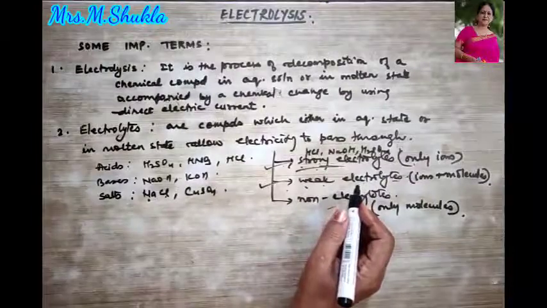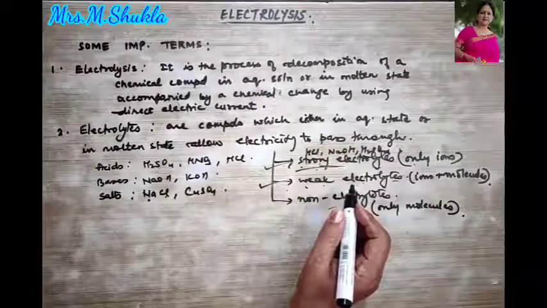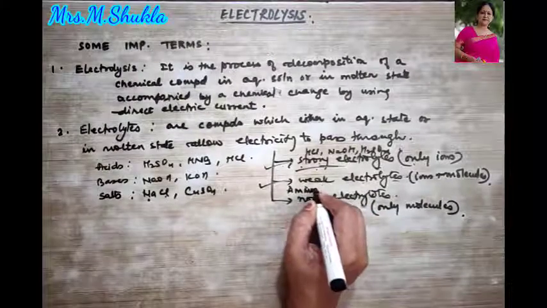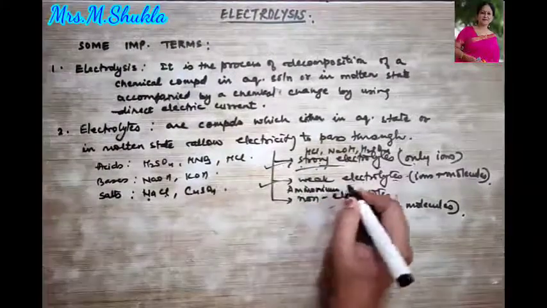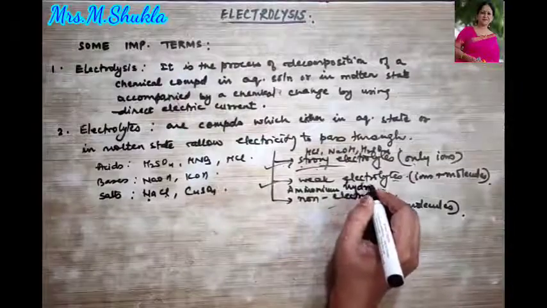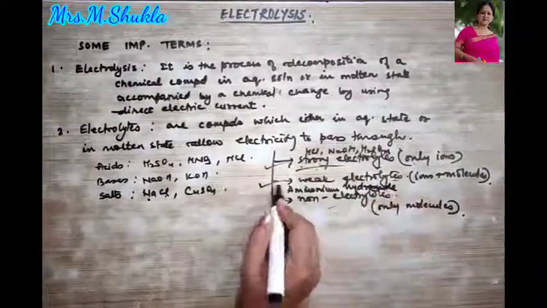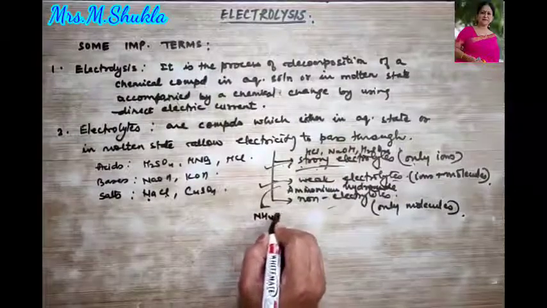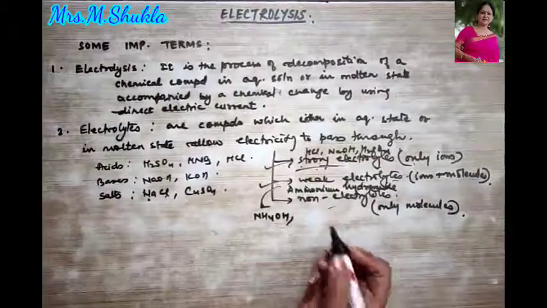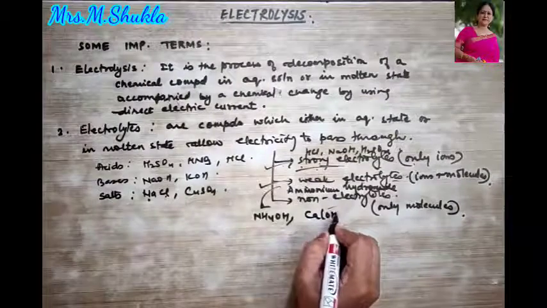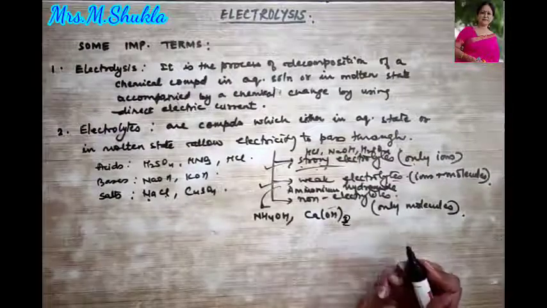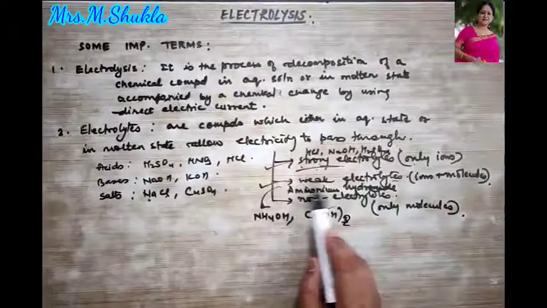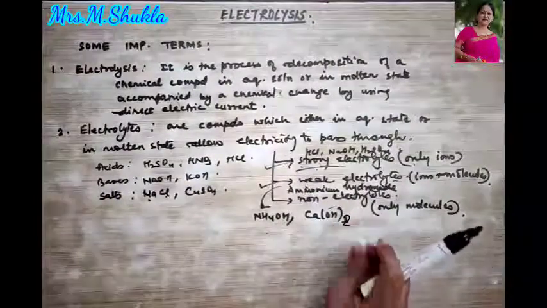Weak electrolytes could be ammonium hydroxide, then calcium hydroxide, etc. So these are the strong electrolytes, these are the weak electrolytes.